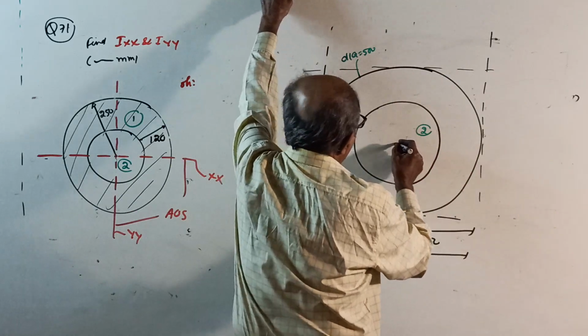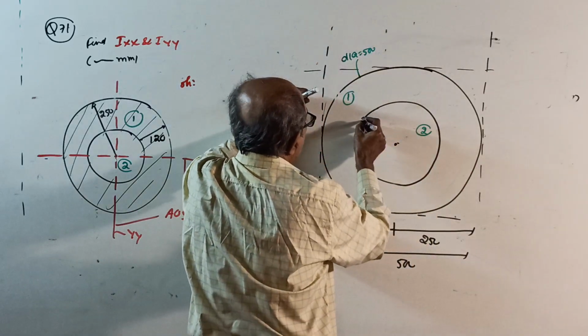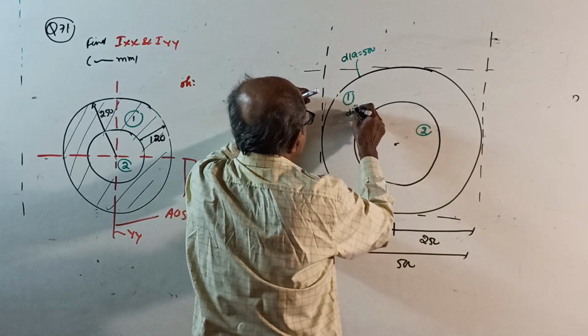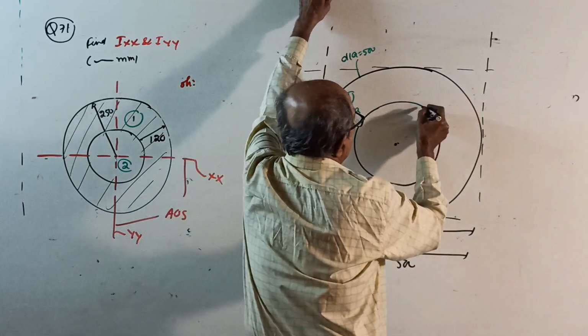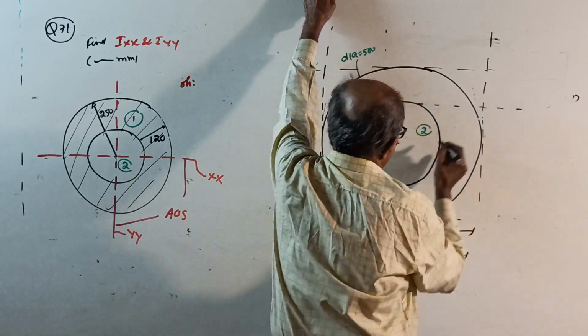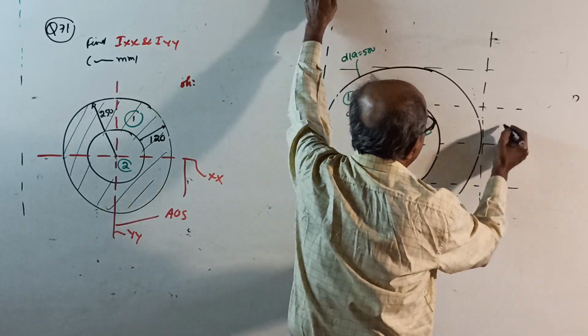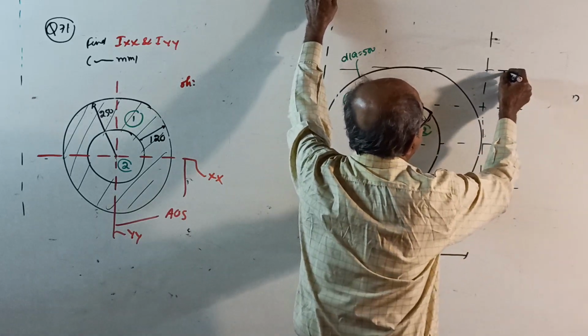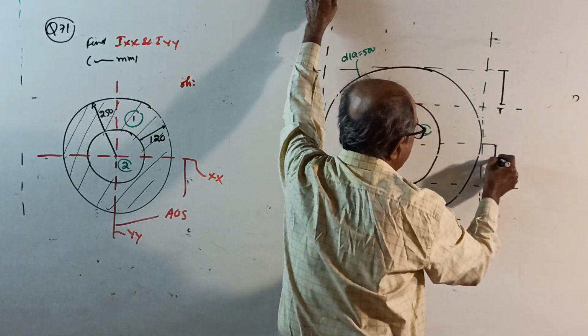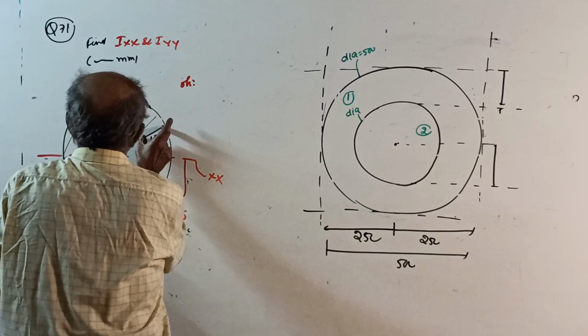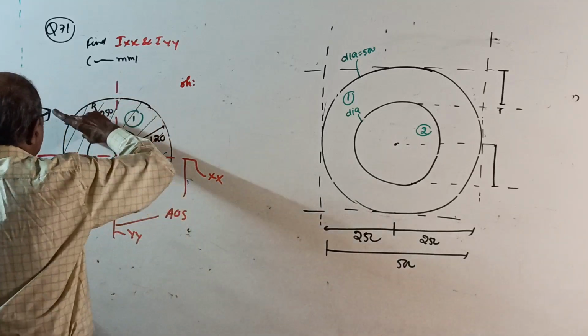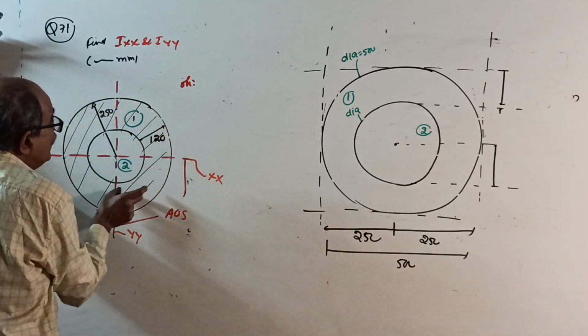Same way, for this one, we want its diameter. See here, in the question they told this distance, and whether given here or here, both are the same. Everywhere 120.